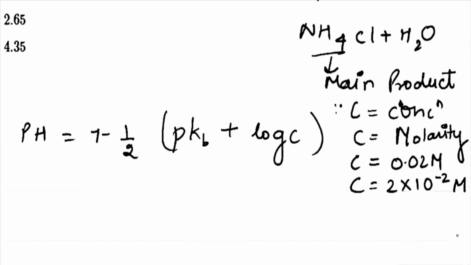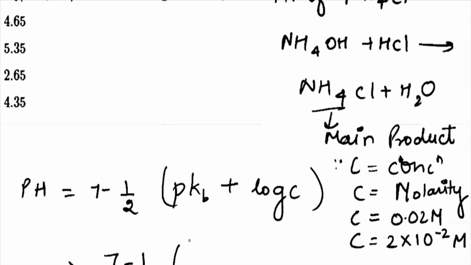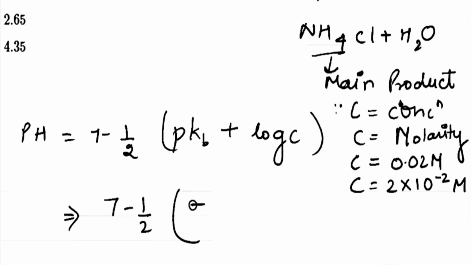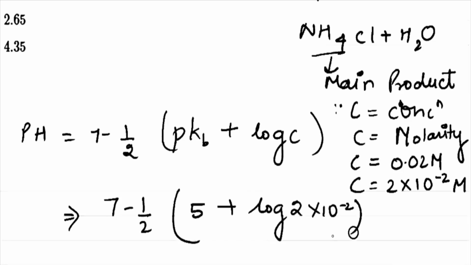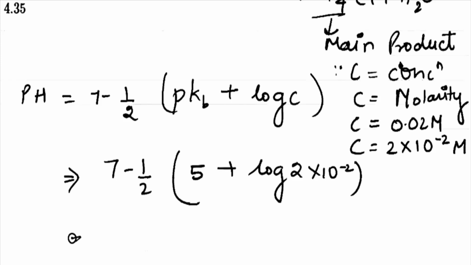So now do it. The value of pH is 7 minus 1 by 2, pKb value is going to be 5, plus log C, which means log 2 into 10 raised to the power minus 2. After applying the rules of log, the value would be 0 point something.